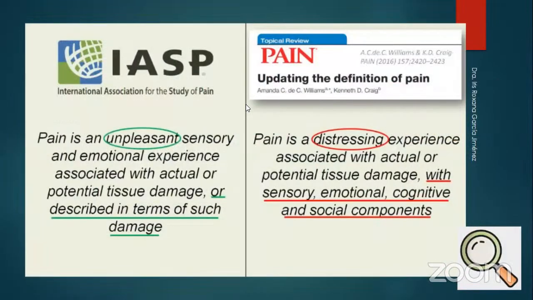But we must be clear about the definition, what is the meaning of pain, just as extra information, because we need to catch the proper vocabulary. IASP is the International Association for the Study of Pain. They give us the protocol, the guidelines to follow these definitions, and then we get the chance to understand properly what we are talking about.